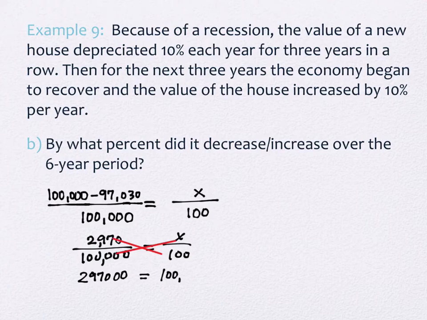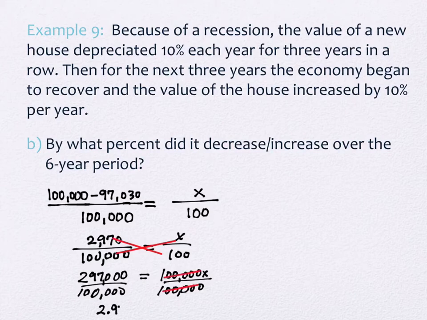And I've got 100,000x on the right, or you can switch them, doesn't matter if it's right or left. So if I have my 297,000 divided by 100,000, what will I get? Yeah, 2.97.